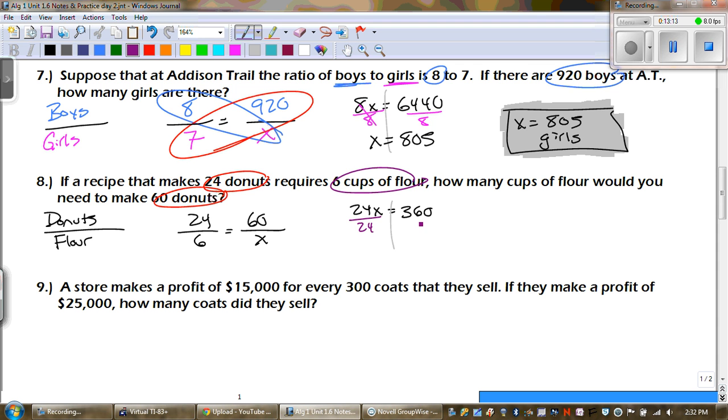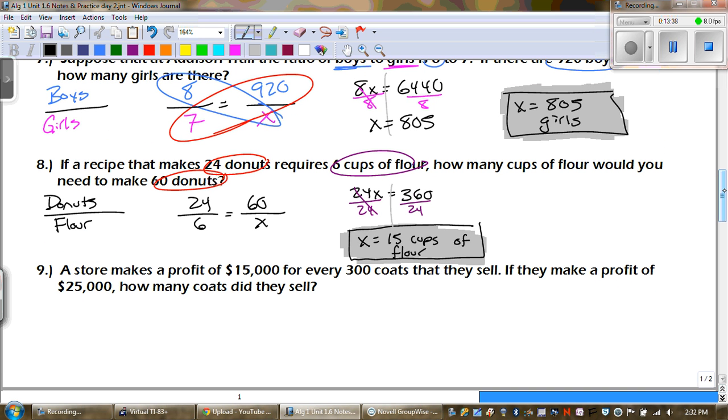Divide both sides by 24 because you want to get the x by itself. And our final answer is x equals 15 cups. Cups of what? Cups of flour.